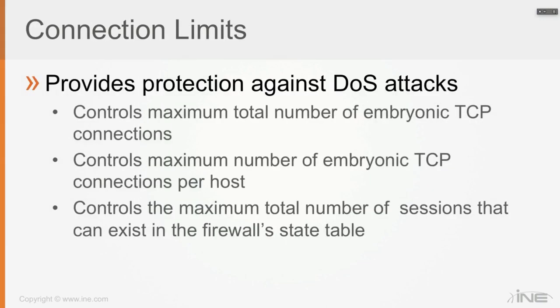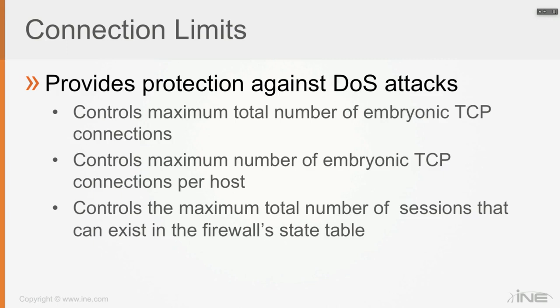Connection limits. It provides protection against denial of service attacks. So with the connection limit functionality, the firewall controls the maximum total number of embryonic TCP connections, which means how many connections can remain without a three-way handshake being established. It controls the maximum number of embryonic TCP connections per host as well.